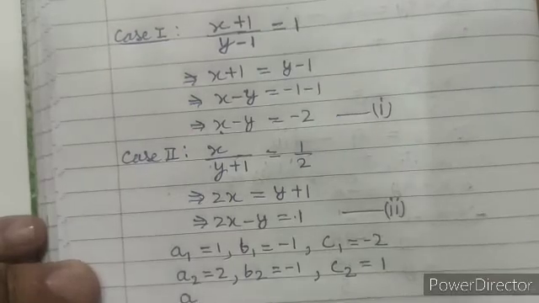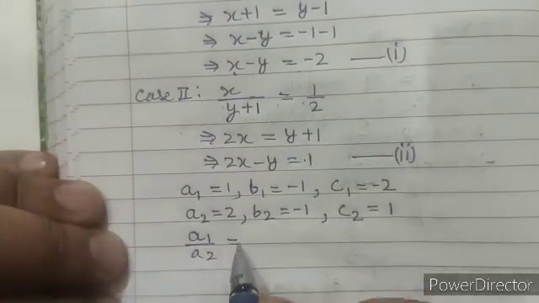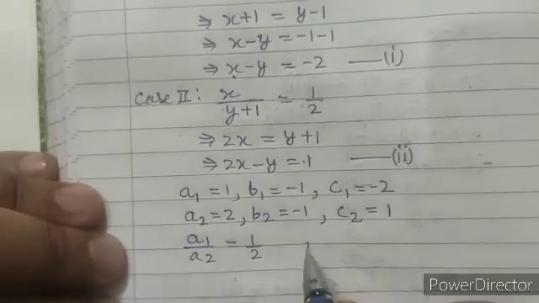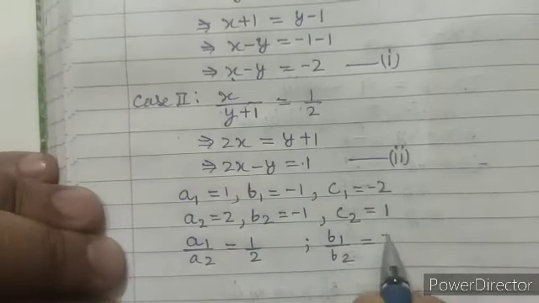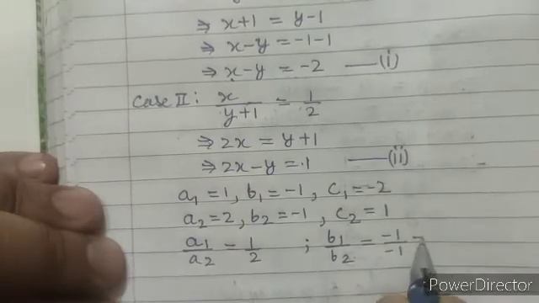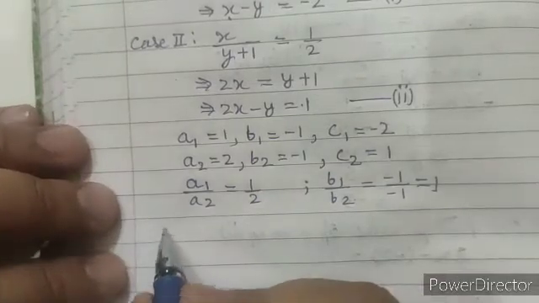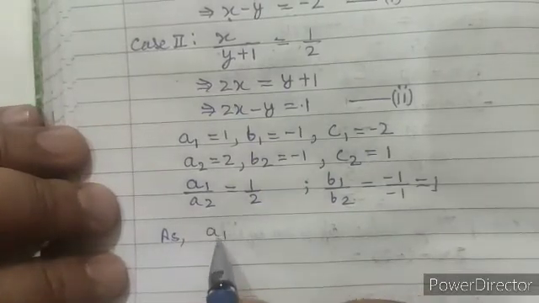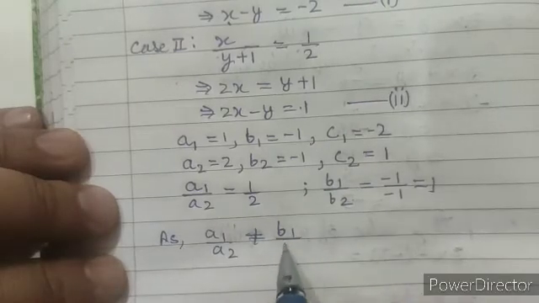Now a1 by a2 is equal to 1 by 2, and b1 by b2 is equal to minus 1 by minus 1, that is equal to 1. As we see here, a1 by a2 is not equal to b1 by b2.